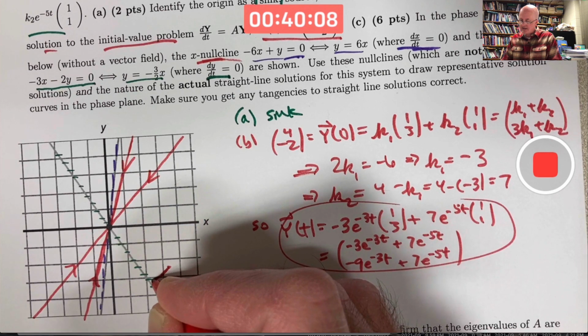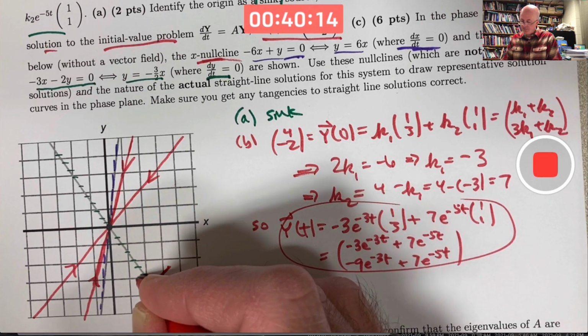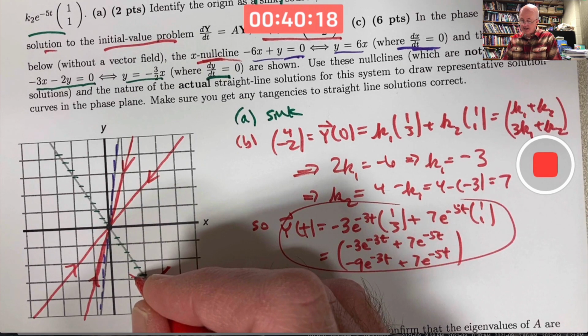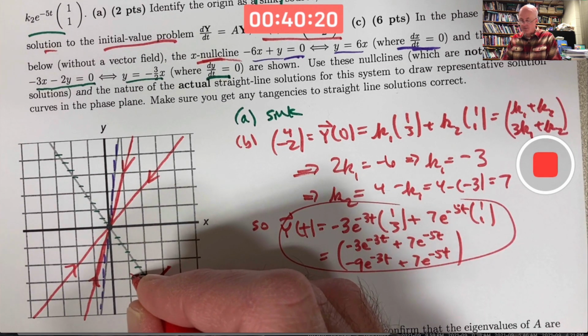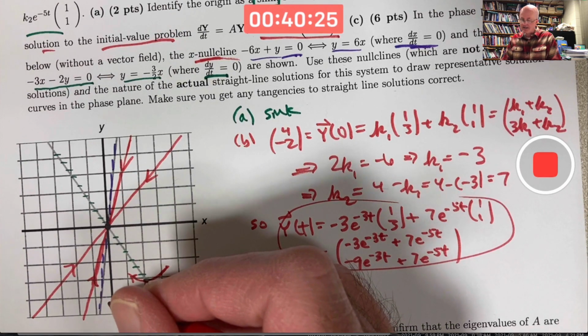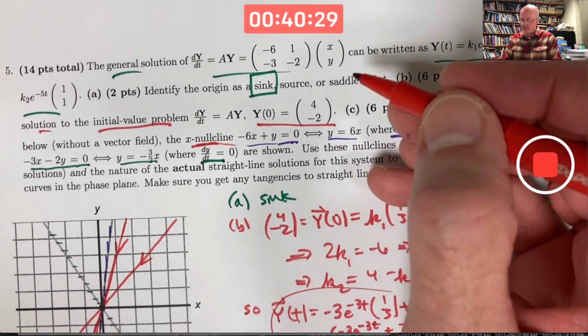Then you're going to cross this y nullcline with a horizontal tangent. And then in this region, evidently, you're going to be going to the northwest. dx/dt is negative and dy/dt is positive. You could confirm that by, for example, plugging in a point on the negative y-axis into dx/dt and dy/dt, into the vector field effectively.